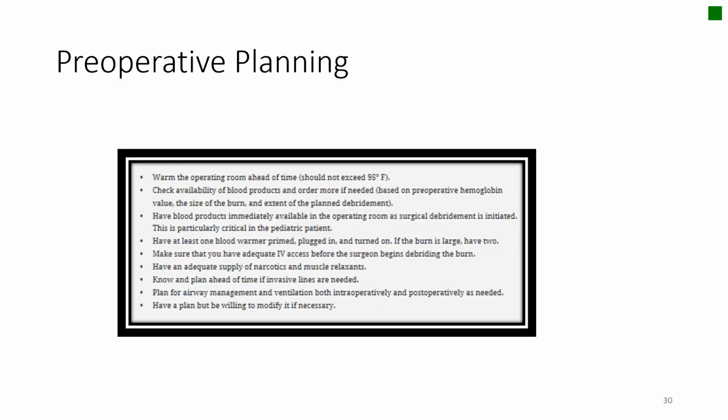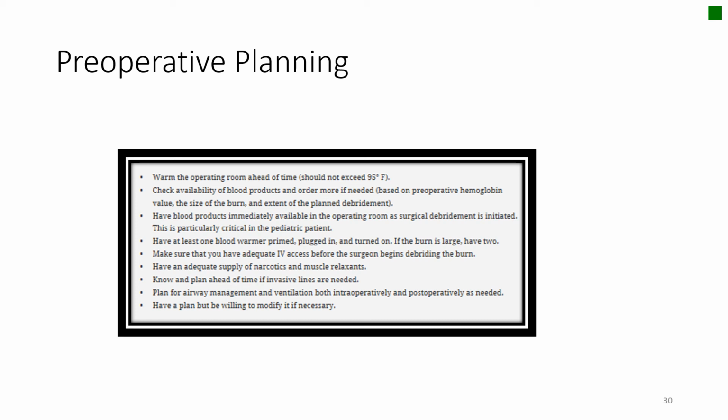When you're working on an anesthetic plan for a patient who has had a burn, it's important to have a thorough pre-op plan, and again, it must be evaluated with your entire burn team. The pre-op evaluation requires a thorough and complete assessment. You want your history, you want your laboratory studies, you want to perform lung auscultation and assessment of chest compliance.